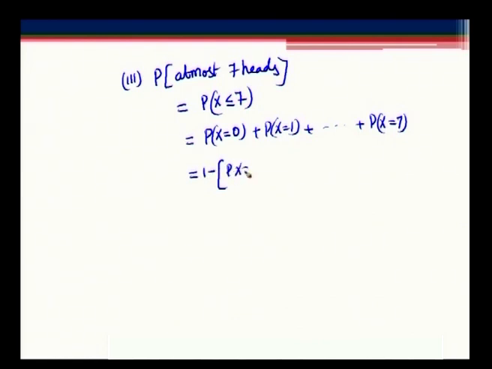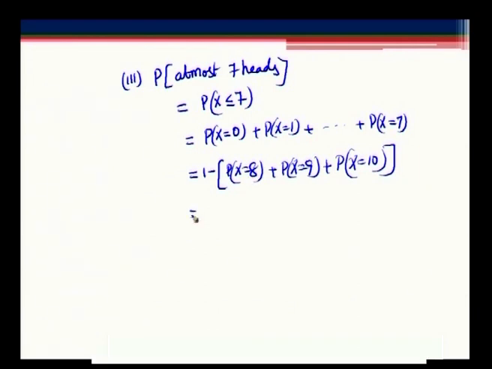The remaining are P of x is equal to 8, P of x is equal to 9 and P of x is equal to 10. As we have already found these probabilities, finding these 3 is easier compared to finding the 8. It will save time.